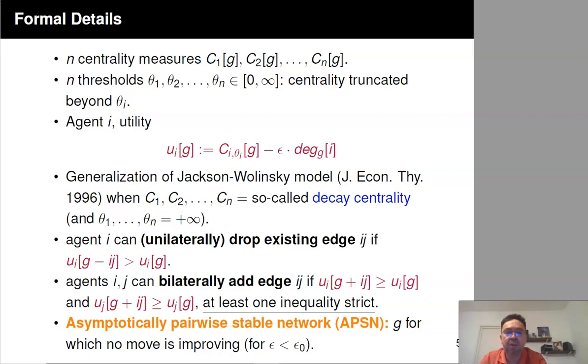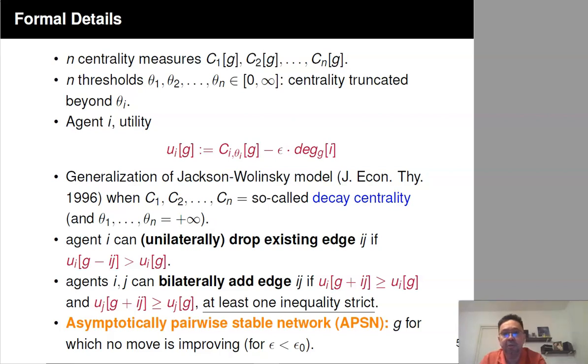Of course, this generalizes the Jackson-Wolinsky model when the centrality measures are the so-called decay centrality and the thresholds are plus infinity. Agents can unilaterally drop an existing edge when it benefits them to do so. To add an edge, the edge addition has to weakly benefit both of them, and it has to benefit at least one of them strictly.